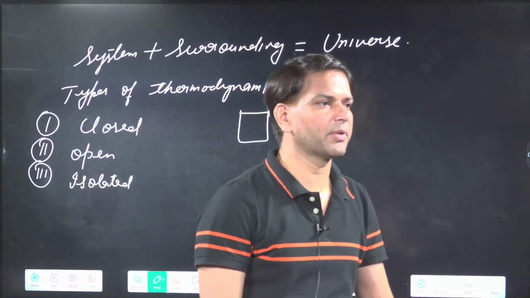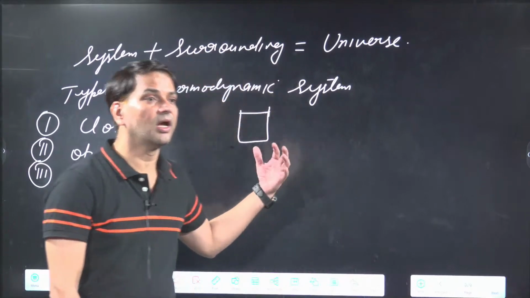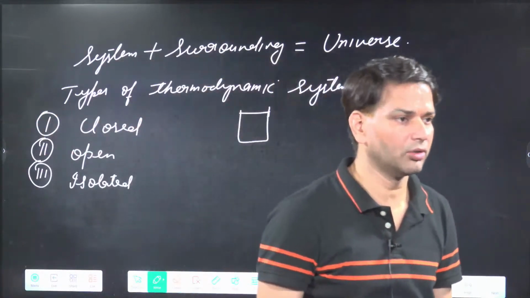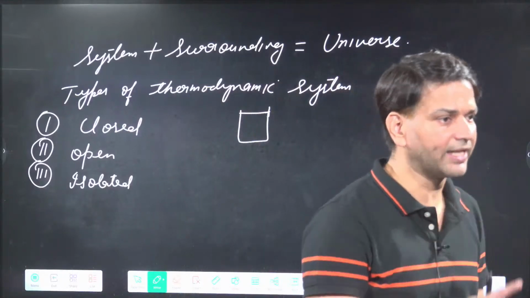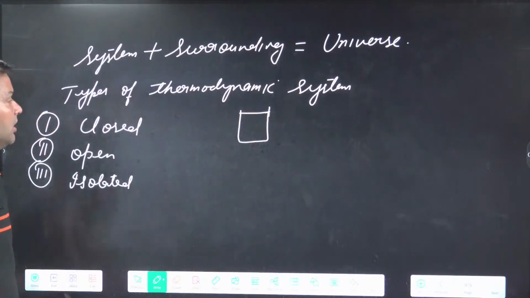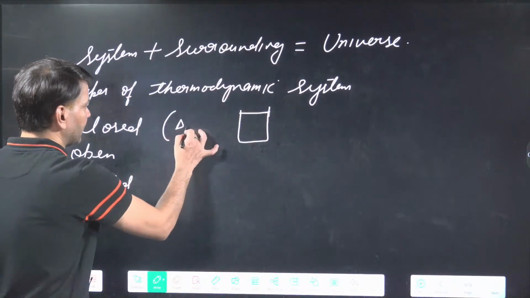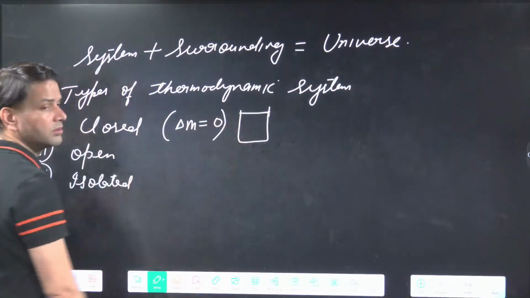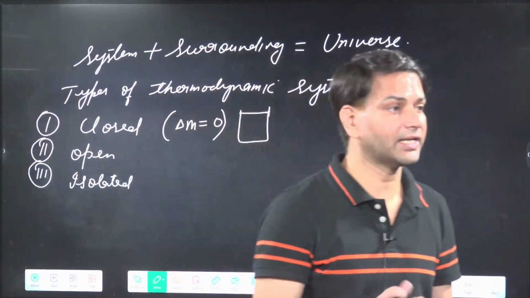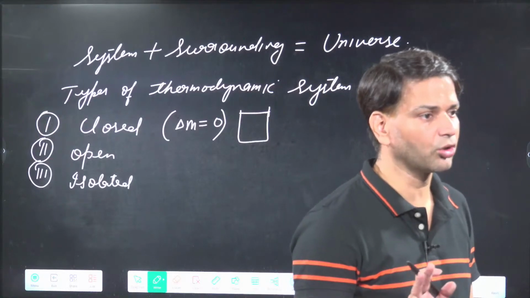Suppose the gas is at a higher temperature and the outside is at a lower temperature, so heat can flow through the container wall. So in a closed system, delta M is equal to 0, meaning no mass exchange, but heat exchange may take place. Yes or no?